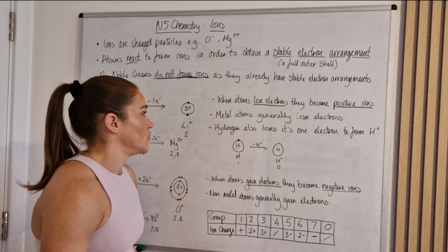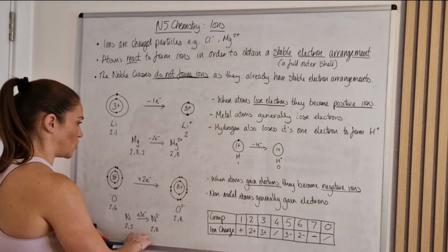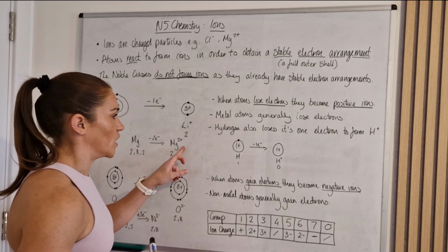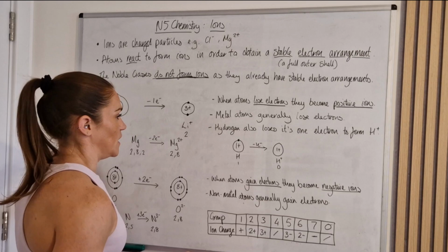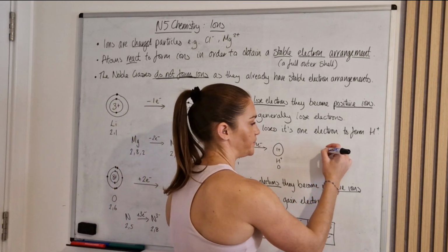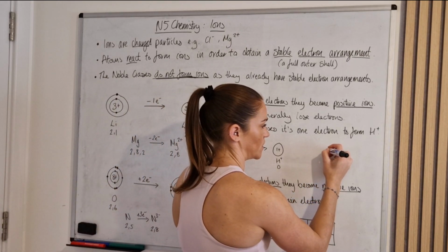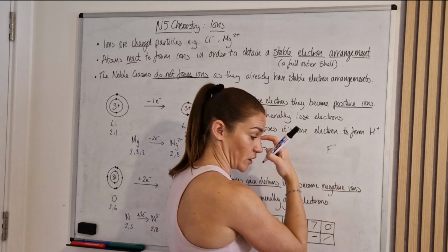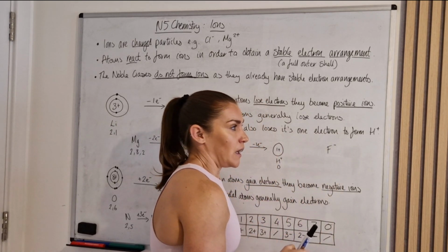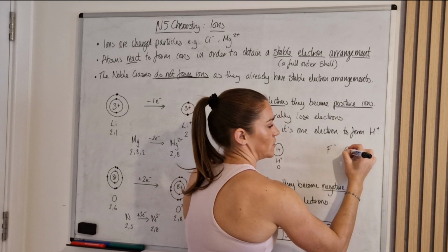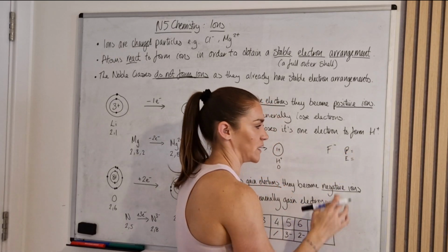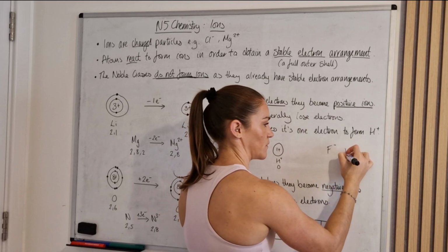Okay, if you're asked to work out the number of electrons in an atom based on the ionic charge, so let's say we've got a fluorine, and it's got a single negative charge because it's in group 7. And we're asked how many protons and electrons the fluorine has. We'll not do the neutrons.